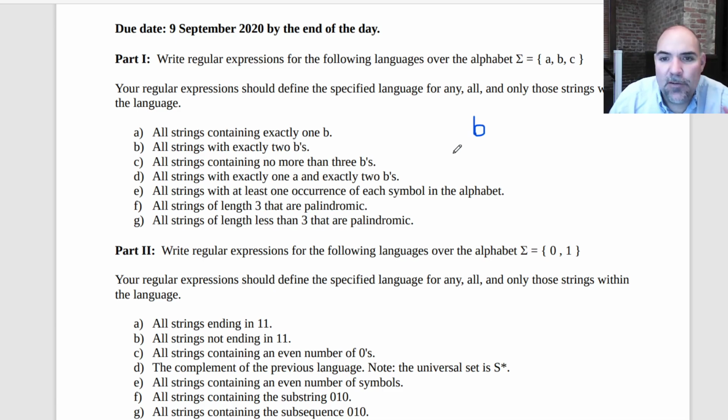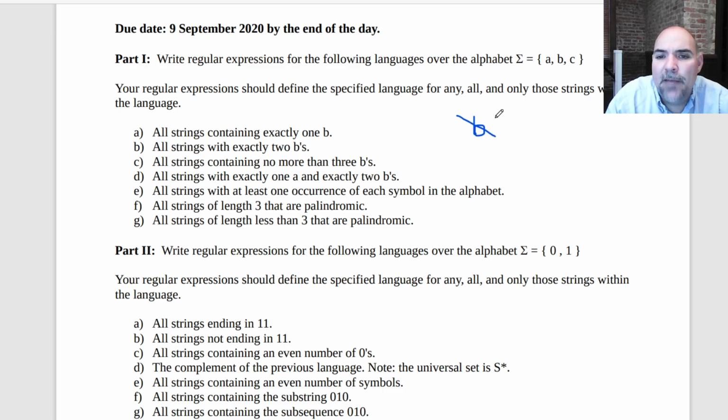But notice that that's not right, because while that contains exactly 1 B, that's not all strings that have exactly 1 B. For example, AB has 1 B, or BA has 1 B, but BB does not, that has 2 B's. But CB, or ACB, or ABC, there are really an infinite number of strings that contain exactly 1 B. So this is actually wrong.